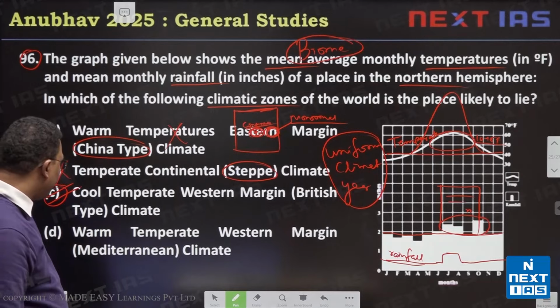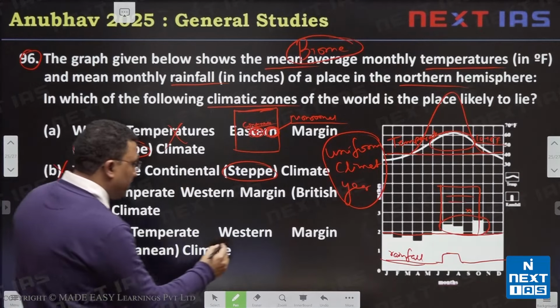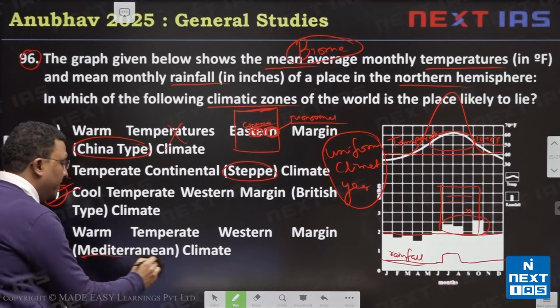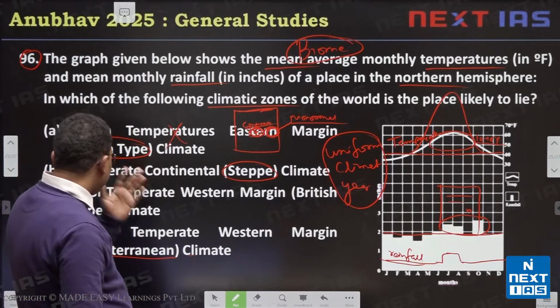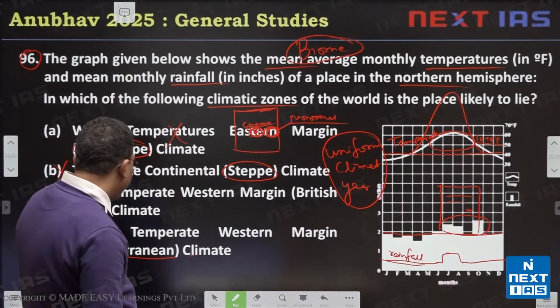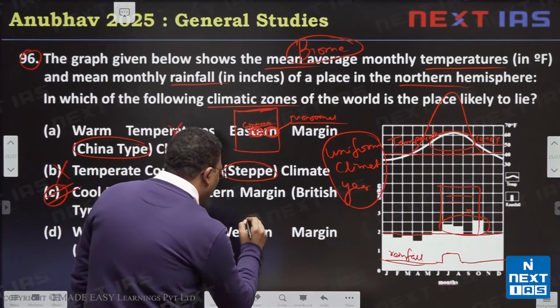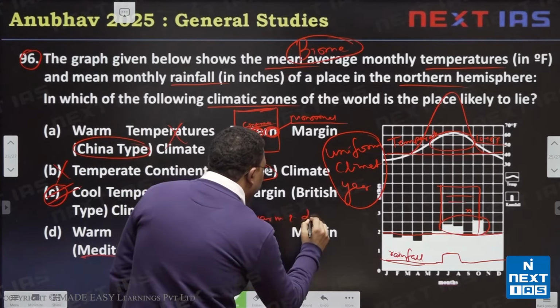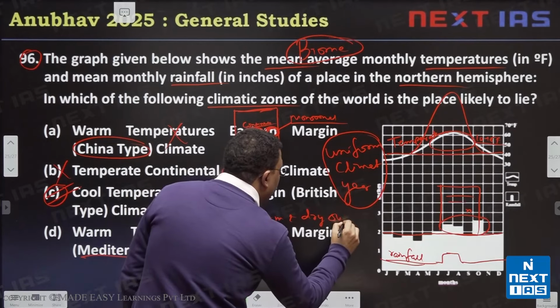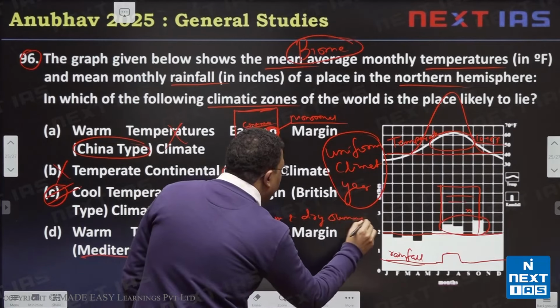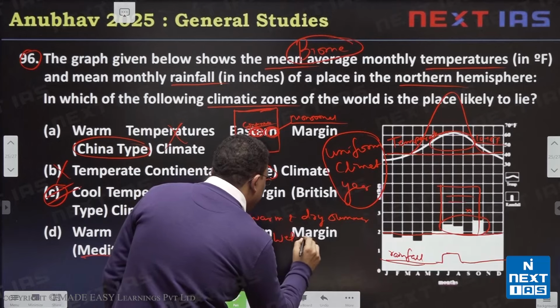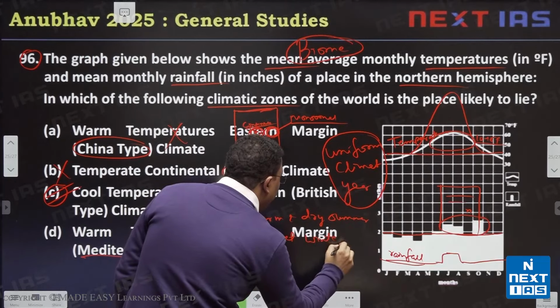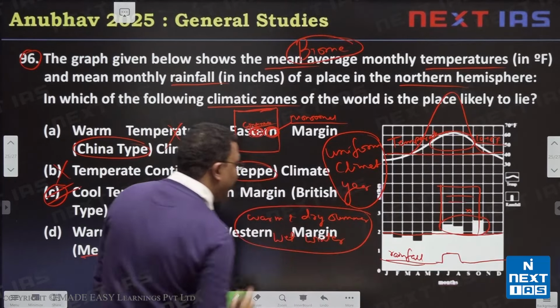Likewise, if we see option D, that is warm temperate western margin, Mediterranean climate. As you know, Mediterranean climate is known for warm and dry summer and wet winter. This is the typical characteristic feature of Mediterranean climate.